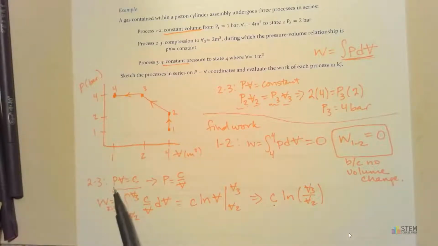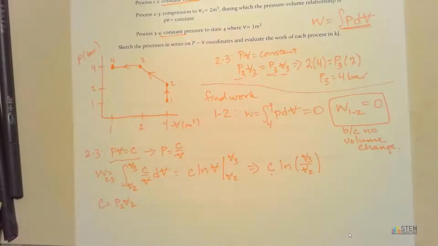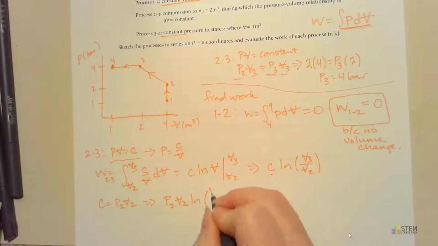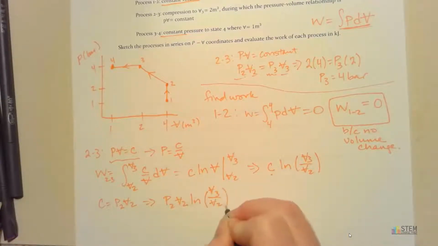Now we already said the pressure times volume equals some constant number. We know our values at state 2, for example, so I'm going to say C is equal to P2 times V2. Okay, and then using that, we can plug that into this expression. So we'll have P2 times V2 times the natural log of V3 over V2.